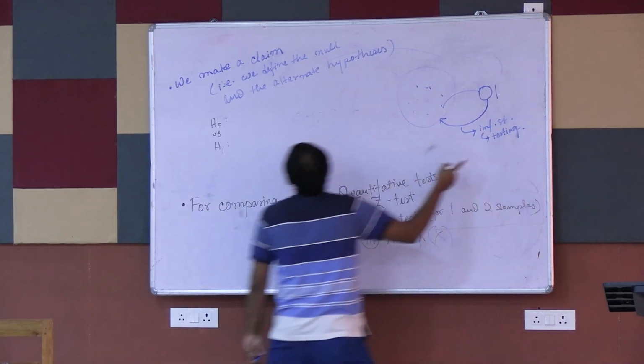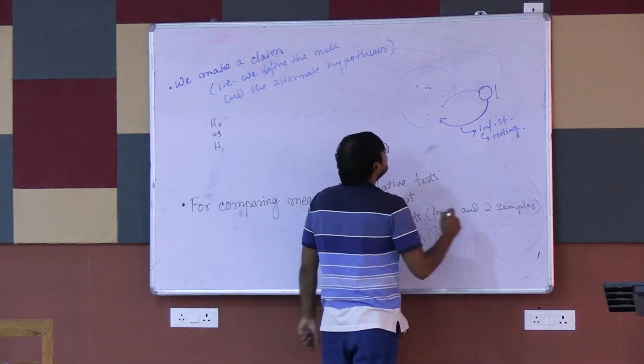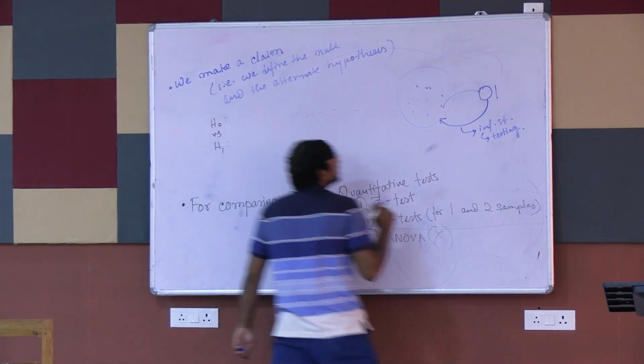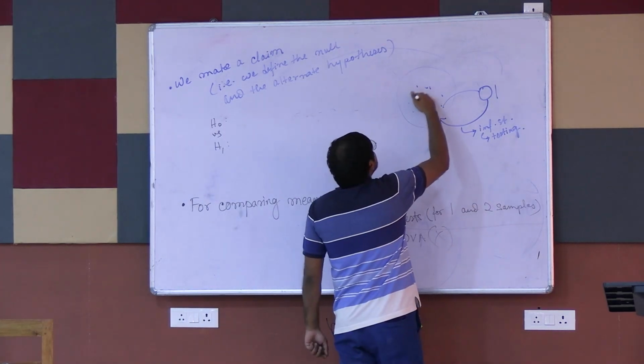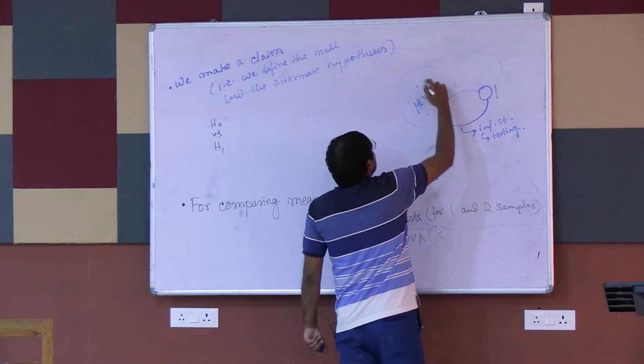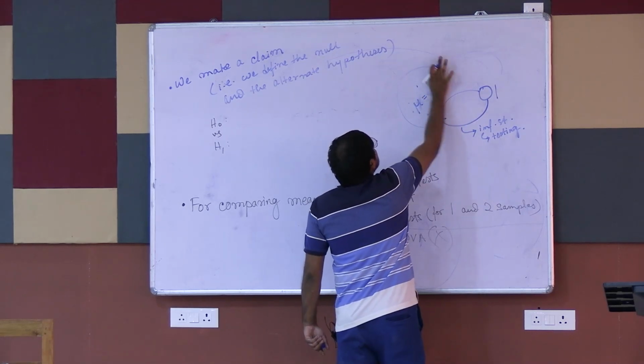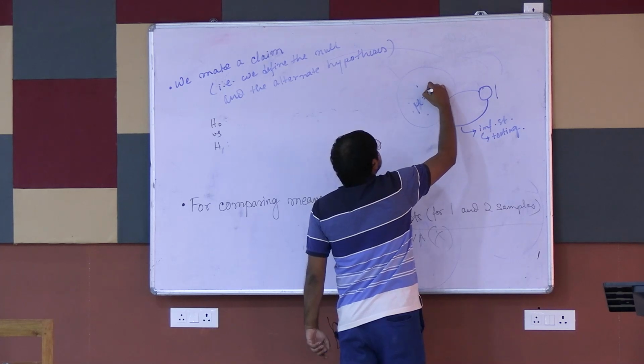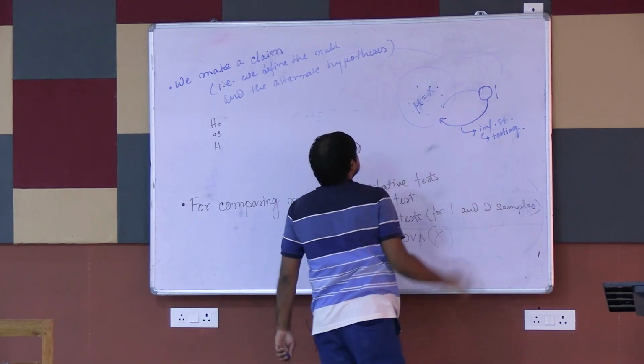What is specific about testing is that we first make a claim about the population. That say the population average is, say, equal to x, something.